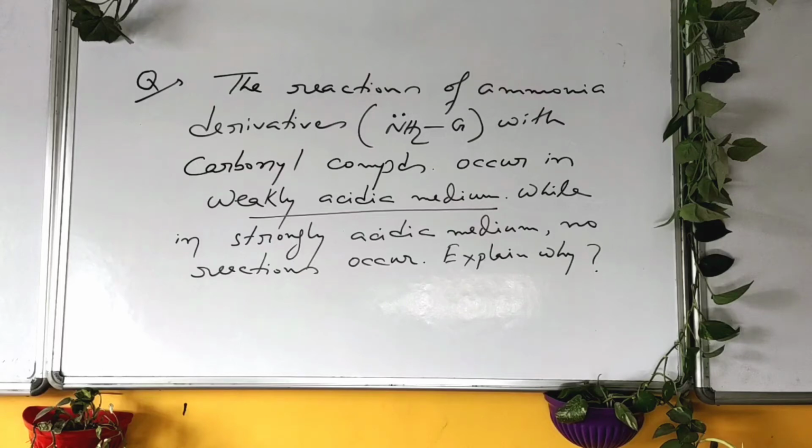The reactions of ammonia derivatives with carbonyl compounds such as aldehydes and ketones occur in weakly acidic medium, not in strongly acidic medium. Why? Let's understand the mechanism of the reaction.